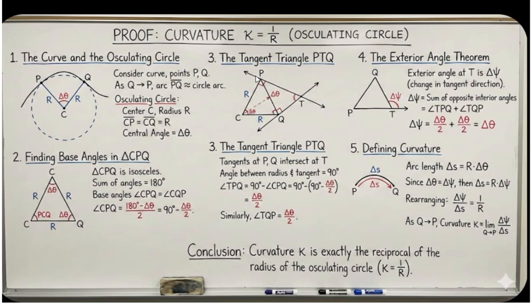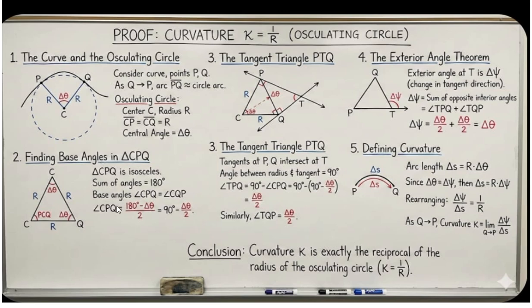For that, we consider a triangle CPQ. We have this angle as delta theta. Because the radius of the circle is the same, by the sum of angles of a triangle property, it is 180 minus delta theta, divided by 2 for each base angle.